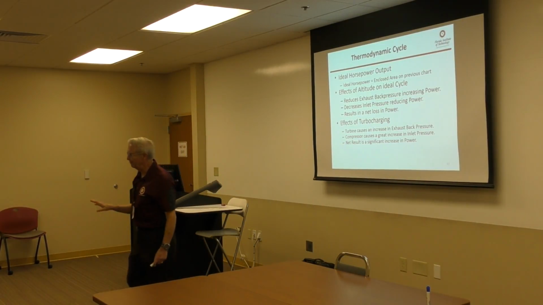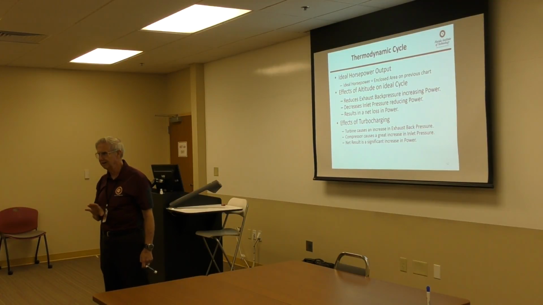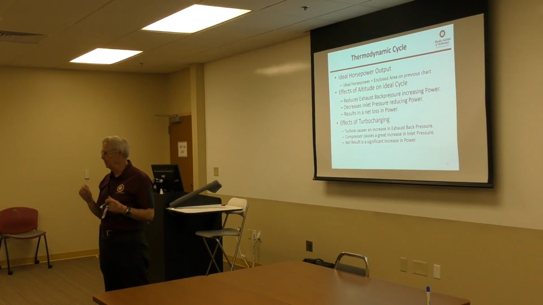This is one people have a hard time understanding in this course, okay? This is the reason I'm stressing, is that you'll get a manifold pressure and an RPM at a given altitude, and you'll get one power, and you'll go to altitude, and power will be less.